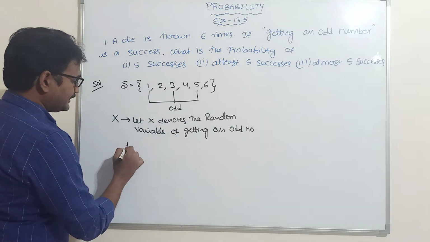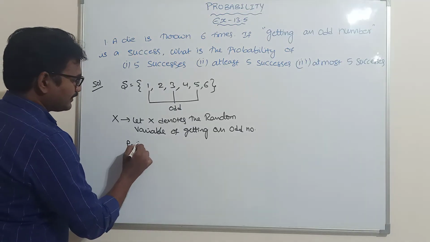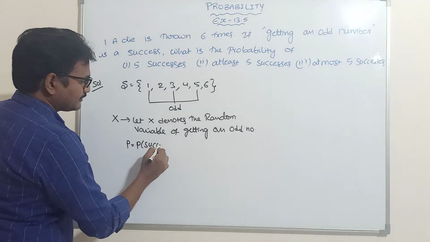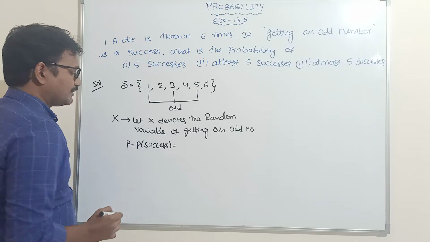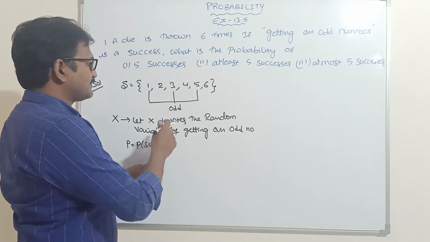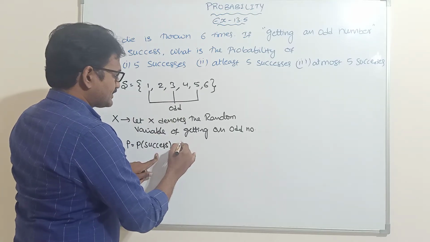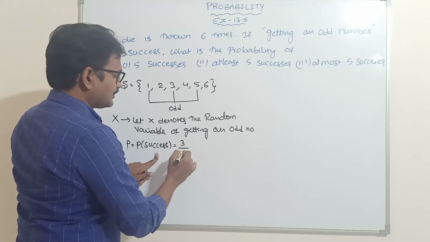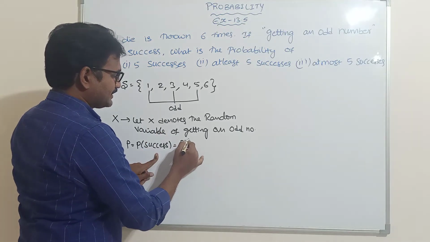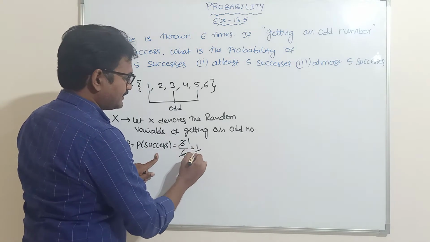So p means probability of success. What is the probability of success? Success means 3 odd numbers out of 6 numbers, so p is 1 by 2.